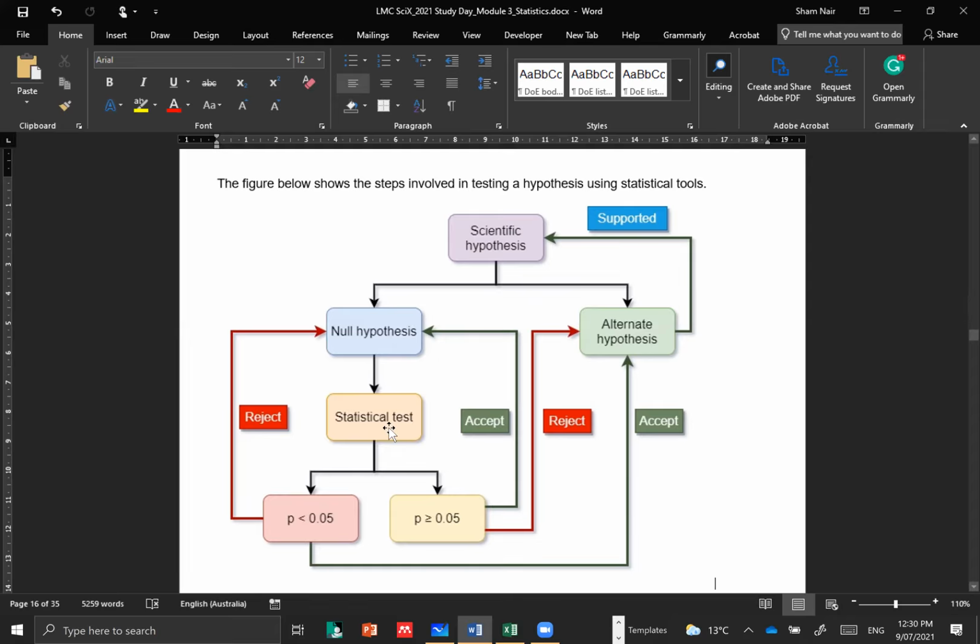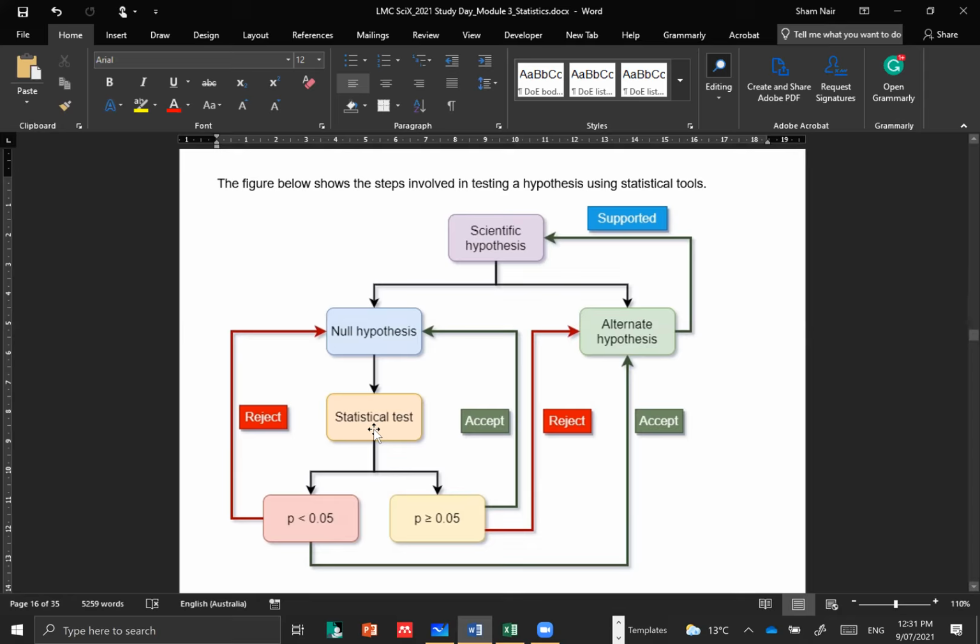So you do the statistical test and you get two outcomes, p less than 0.05 or p greater than or equal to 0.05. If it's less than 0.05, what happens? You reject the null hypothesis, and at the same time you accept the alternate hypothesis, which means you report in your conclusion that the scientific hypothesis is supported.